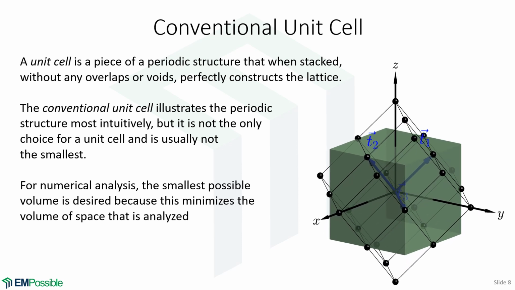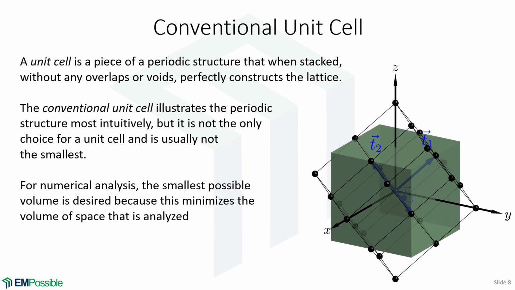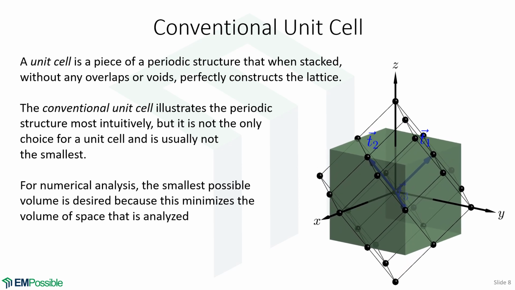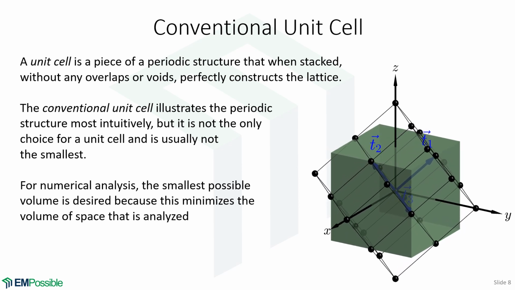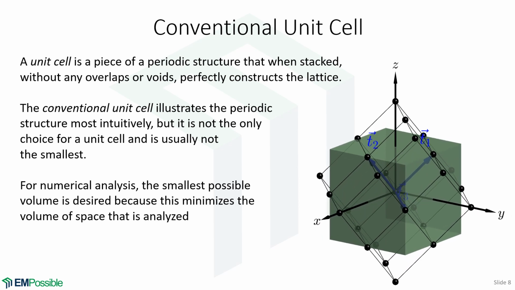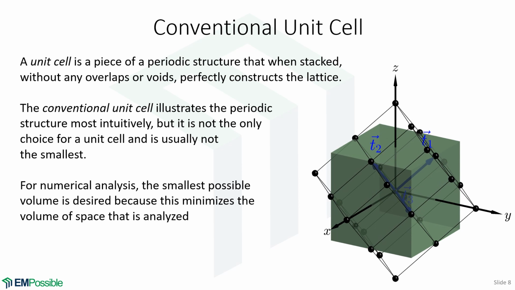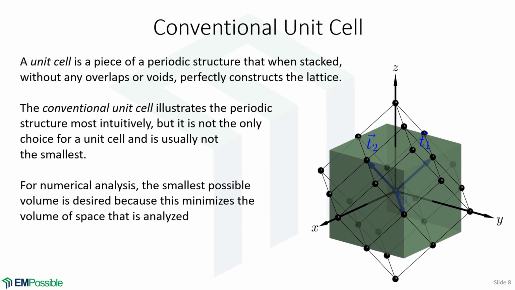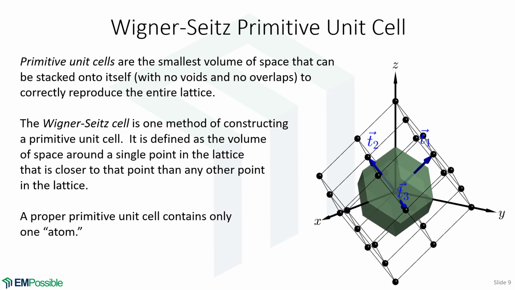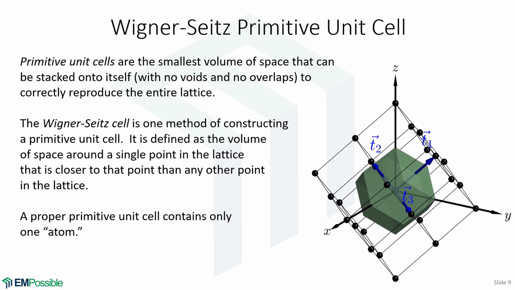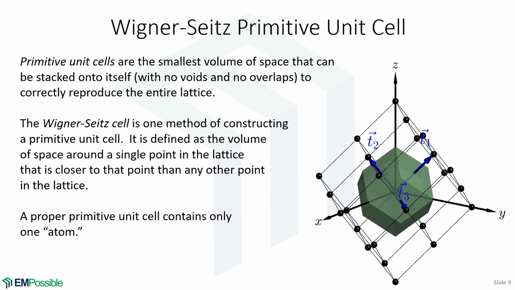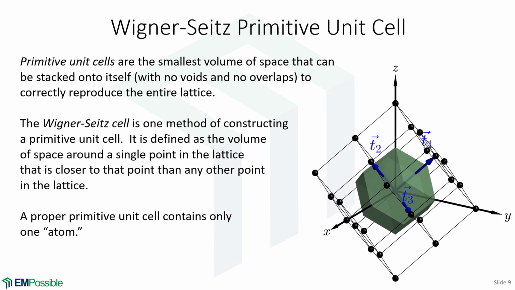So imagine we're doing a numerical analysis and we're calculating the electromagnetic field at every point within the unit cell. Well, we can minimize our computations by choosing the smallest possible unit cell. And the conventional unit cell almost always is not the smallest possible unit cell. So there's the concept of the Wigner-Seitz primitive unit cell. This is one way of determining a primitive unit cell.